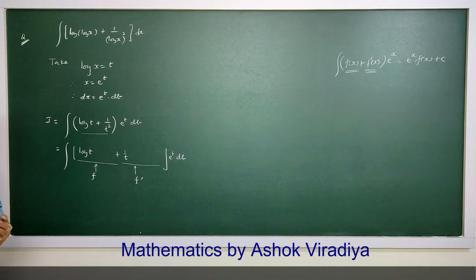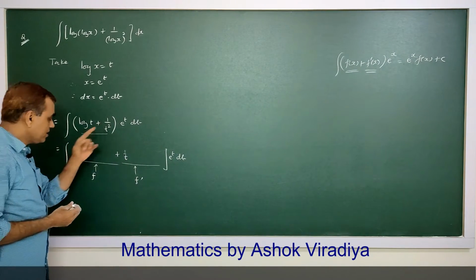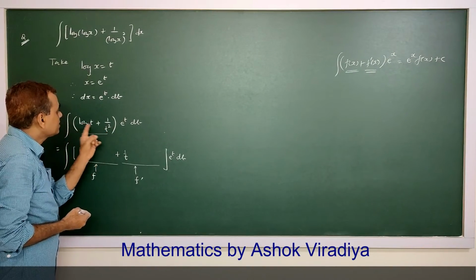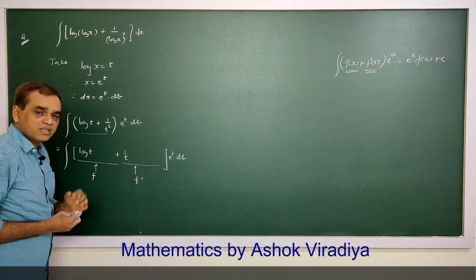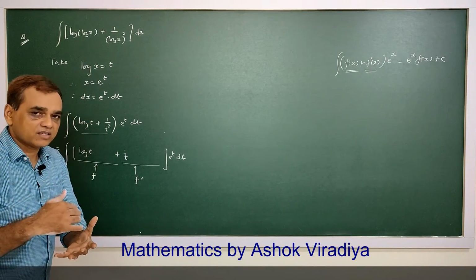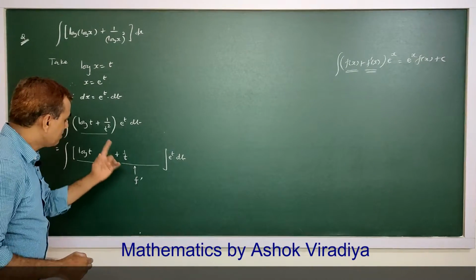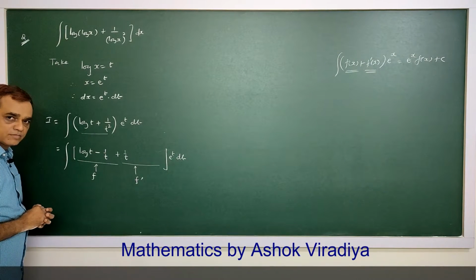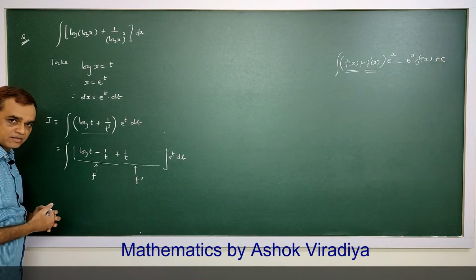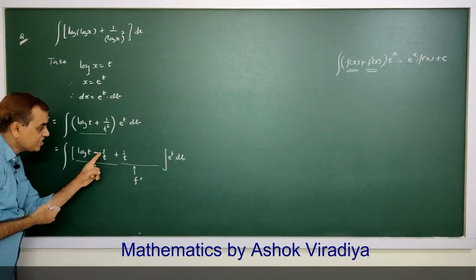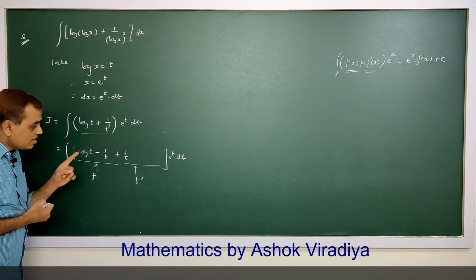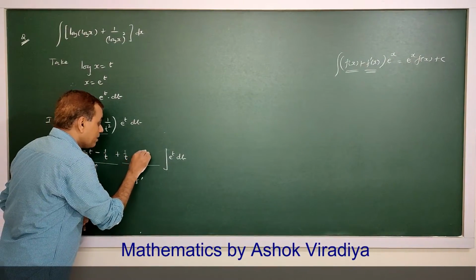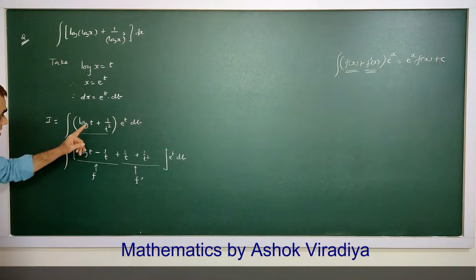Now this is extra, it is not given in the question. Nowhere is 1 upon t given, but we cannot add anything extra. So whatever is added, I subtract here, which means nothing has been done. But because this term is extra, its derivative should be here. Now what is the derivative of minus 1 by t? The derivative of minus 1 by t is plus 1 by t square, which is already given.